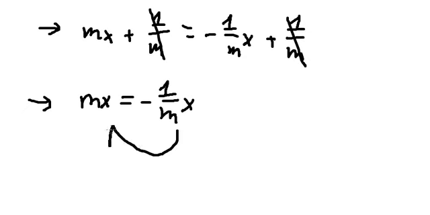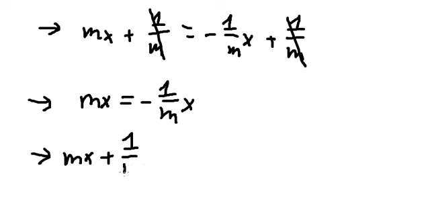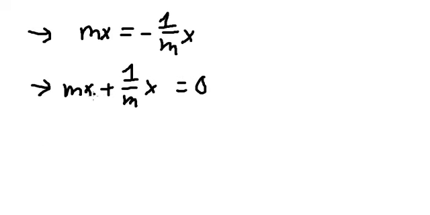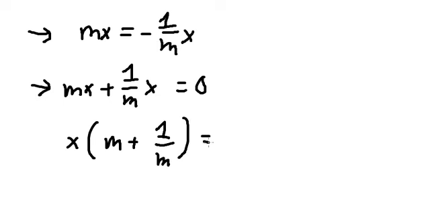So I will put this one over here. So we have x and x. We can do factorization. So we know that x equals number 0.